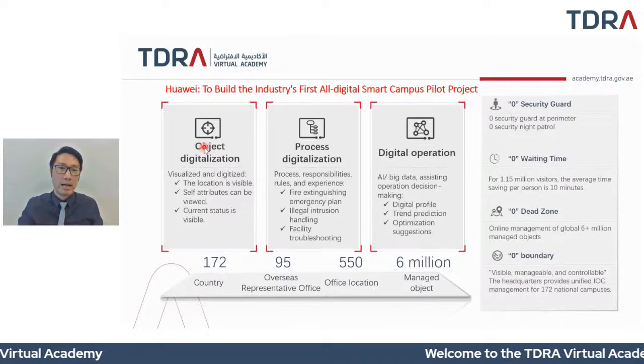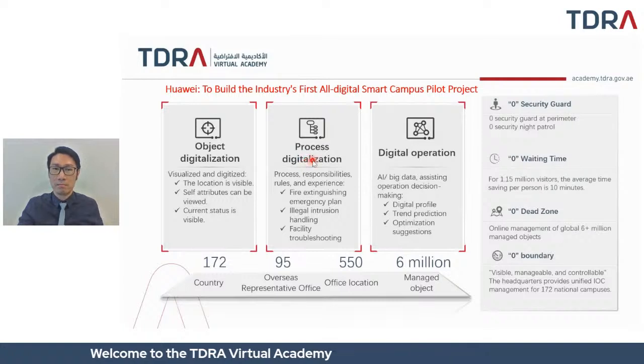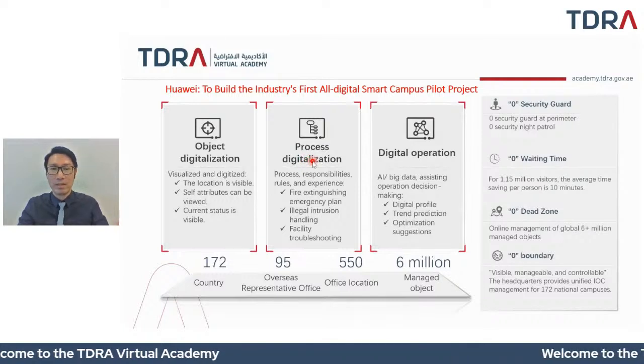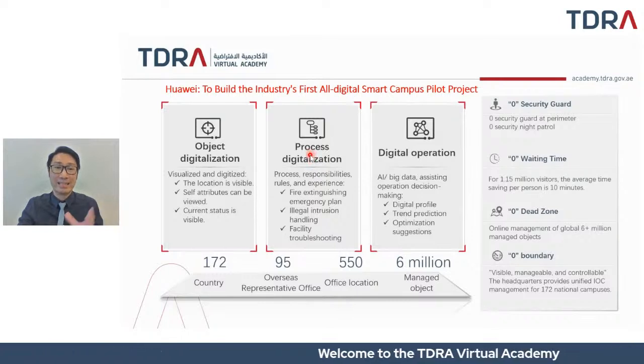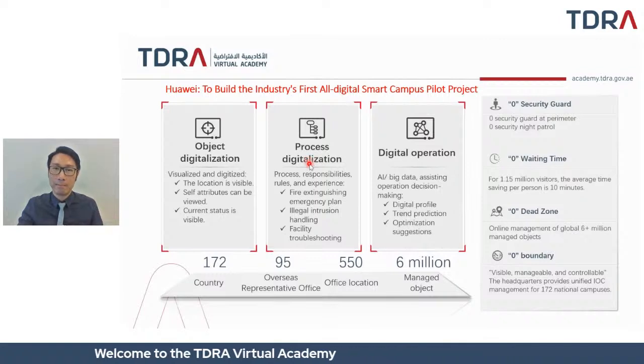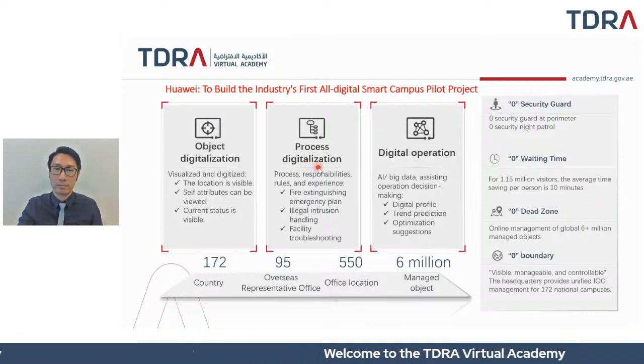The next will be process digitization. Currently we have a lot of processes, but we can put these processes into the digital world and simplify them with the help of AI, big data, and the connections.